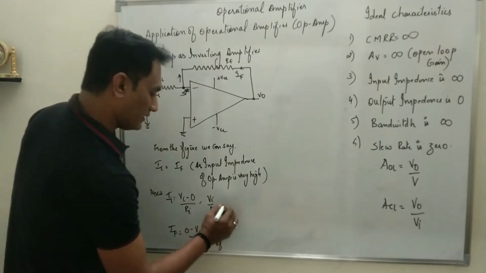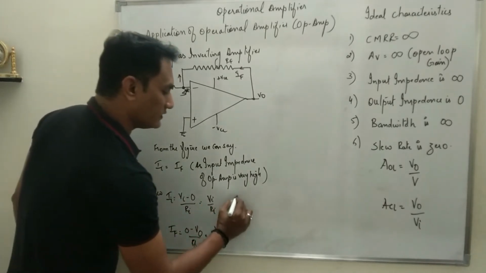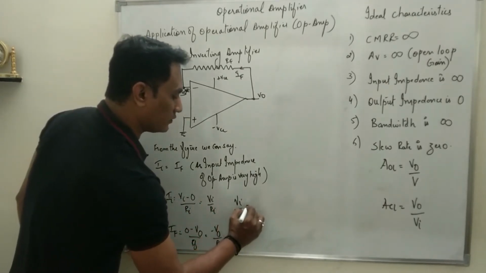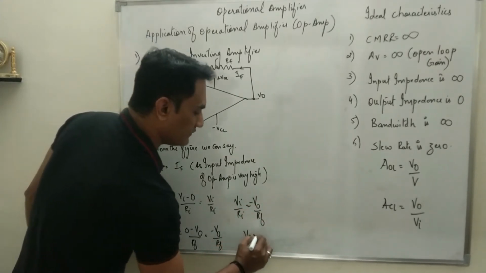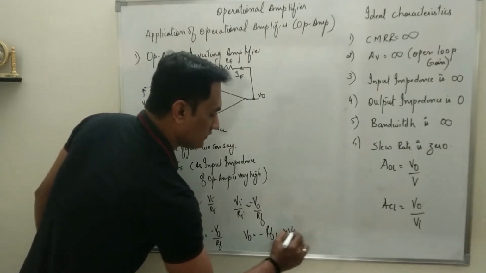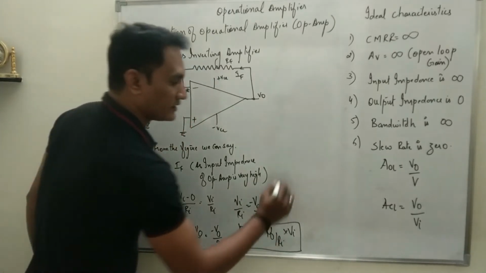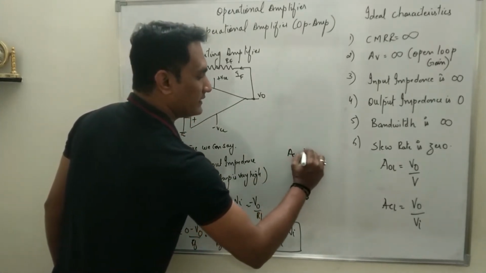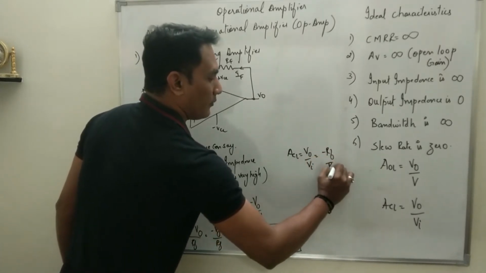As we know that II is equal to IF, we say VI upon Ri equals minus V0 upon RF, or V0 is equal to minus RF upon Ri into VI. So this is the output voltage equation, and closed loop gain ACL is V0 upon VI, so it is minus RF upon Ri.